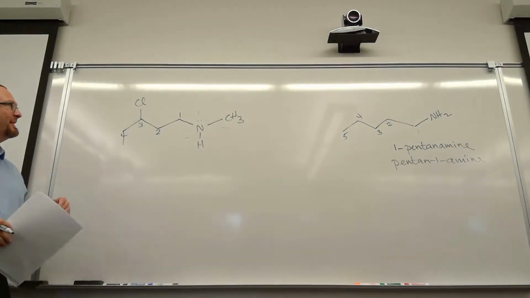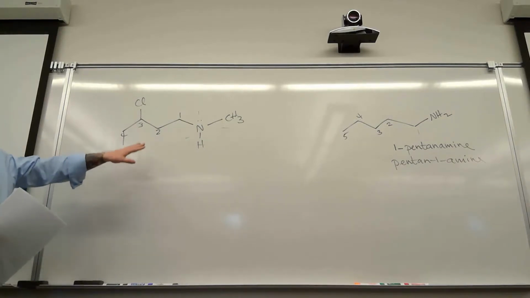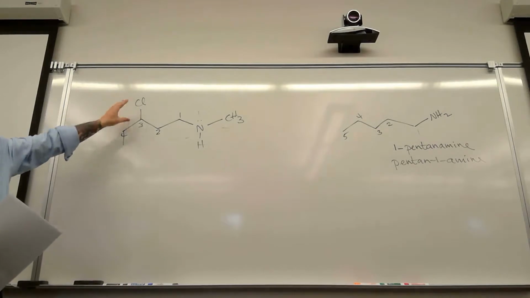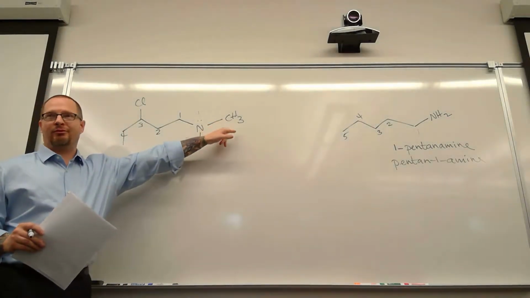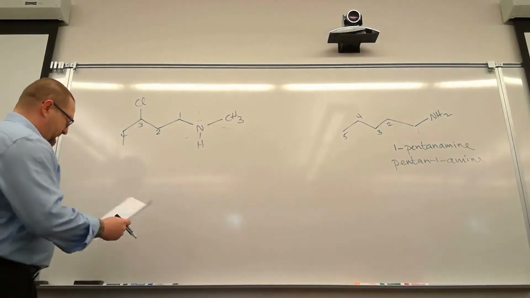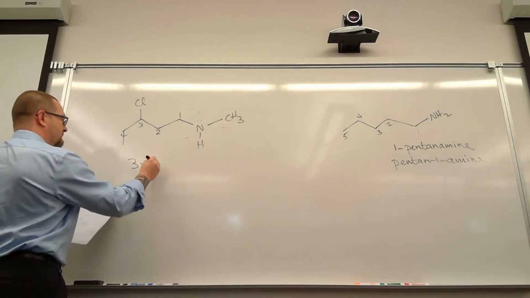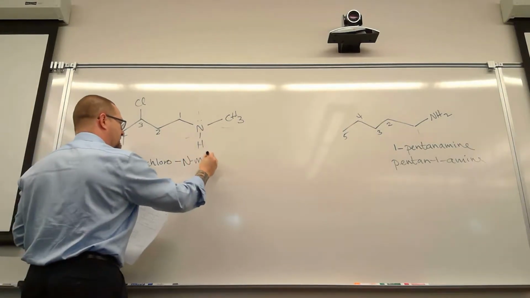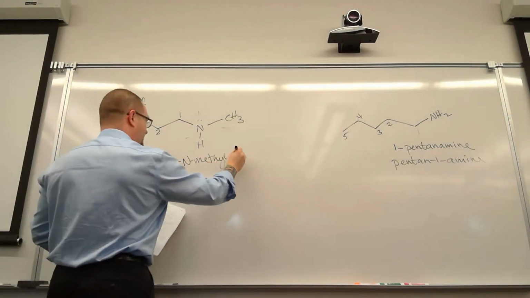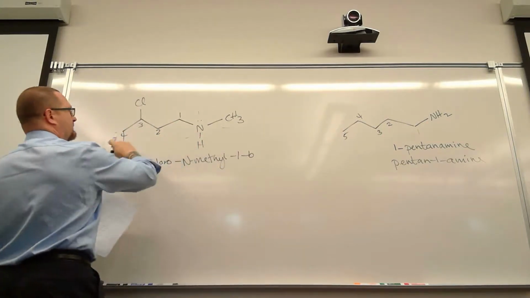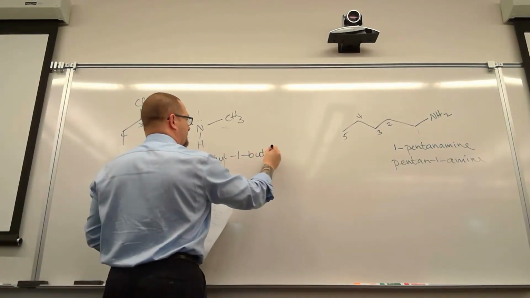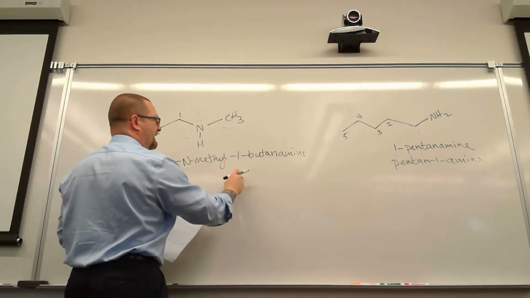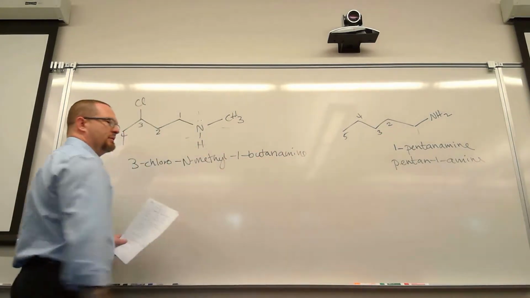That's super real. So in this case, we're going to have 2 substituents. We've got the 3-chloro group and we've got an N-methyl group. So this would be 3-chloro-N-methyl-1-butanamine, or N-methylbutan-1-amine.